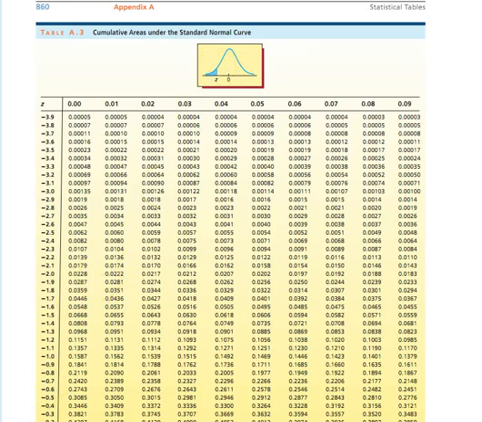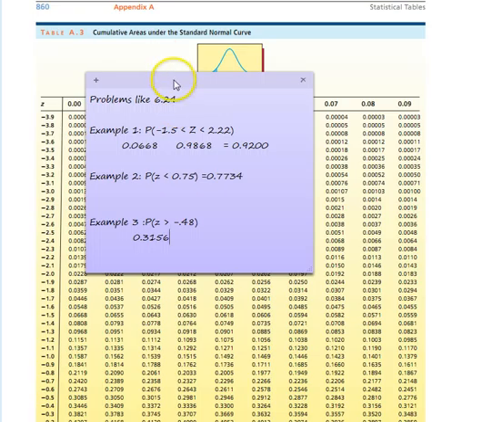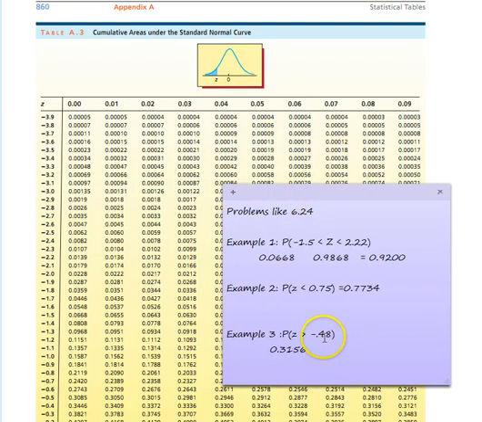If I want to know, according to my problem here, what the probability is of being above or greater than negative 0.48, that would represent this white area. Now, if the whole area is equal to 1, which it is, right? All of the area, 100% of the area is 1.00. And I know that from here to here is 0.3156, like I found.